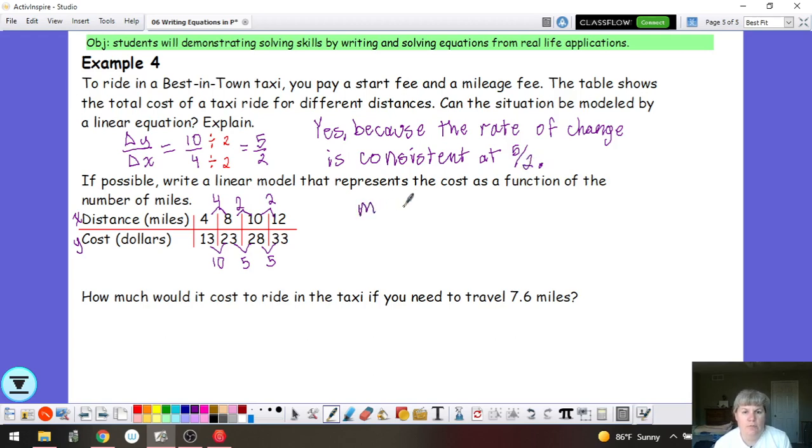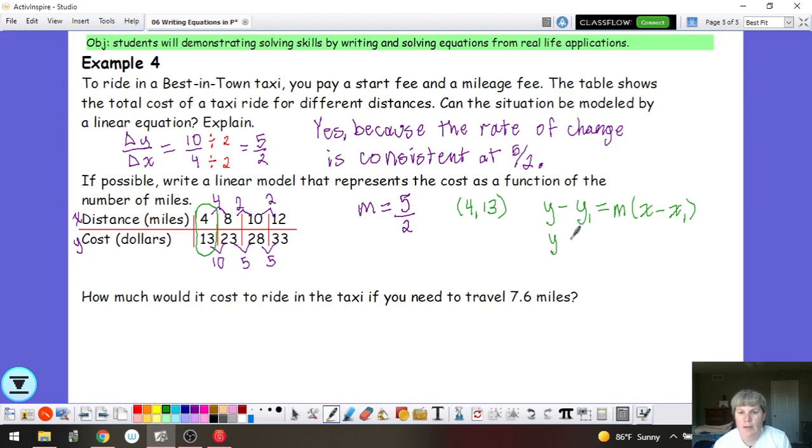And now we're going to write a linear model. We're going to write that linear model in point-slope form. So we can pick any pair of points in this table. I'm going to go ahead and just use the smallest pair. So I'm going to use the point (4, 13). And remind myself that point-slope form is y minus y1 equals m times x minus x1.